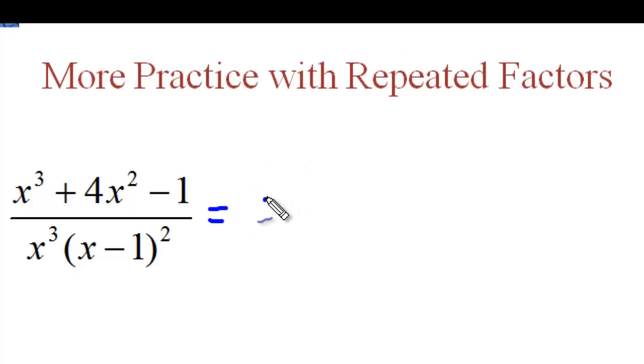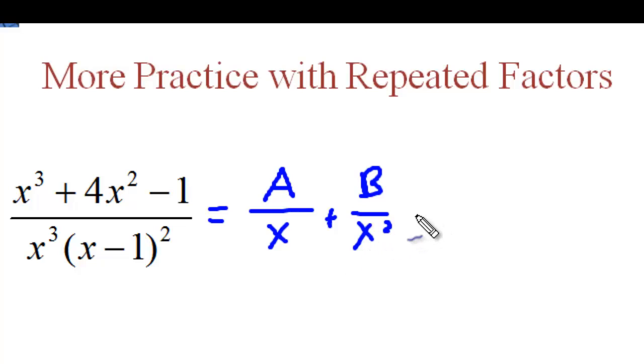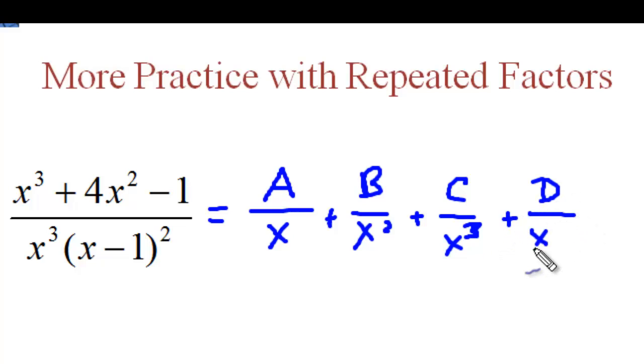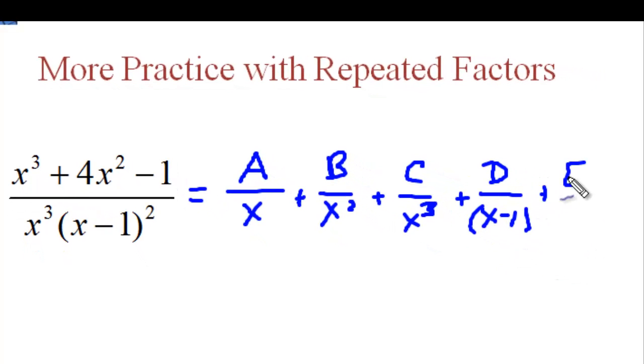So what we'd have in this case is a over x plus b over x squared plus c over x to the third plus d over x minus 1 plus e over x minus 1 squared. And we won't go into solving that. I just wanted to emphasize the way that you set these up.